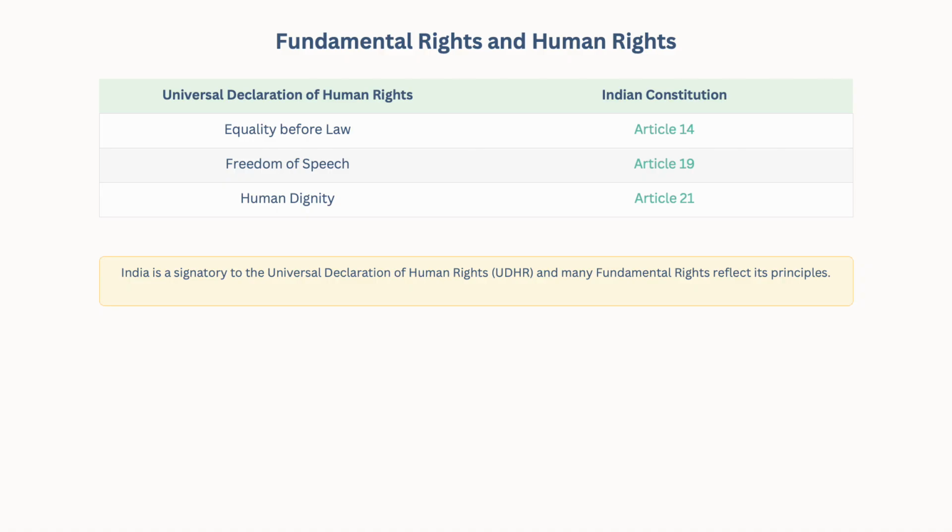And the United Nations has another right, the right to human dignity, which again is contained in Article 21 of the Indian Constitution. So you might be asked about the correlation between the Universal Declaration of Human Rights and the fundamental rights. These are the 3 articles that you can use to help explain your answer, okay? The relation.